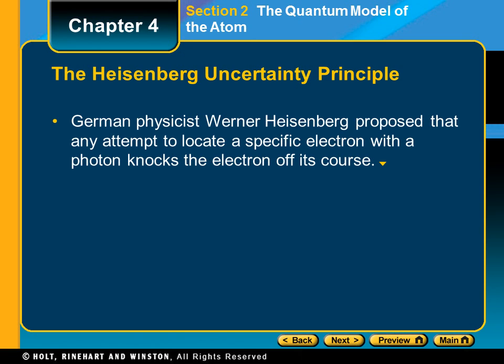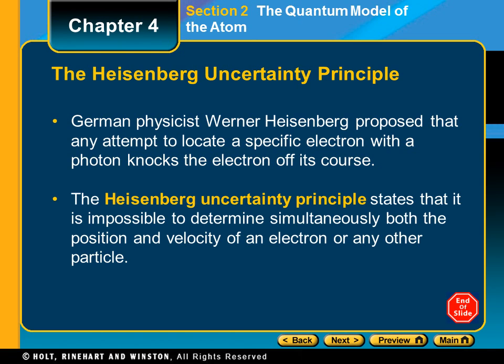This leads to what is known as the Heisenberg uncertainty principle, and this is where Werner Heisenberg comes in as a physicist. He proposes that any attempt to locate a specific electron with a photon knocks the electron off its course. This makes sense if we go back and think about what we've talked about in terms of understanding of particles and understanding of waves.